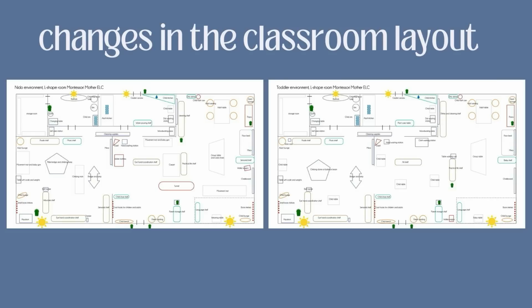The shelf designations are different, meaning the materials that are assigned to each shelf in each zone of the environment. The gross motor movement structure is different, the climbing structure or balance beam, whatever it is that week. And of course, all of the materials are going to be different.